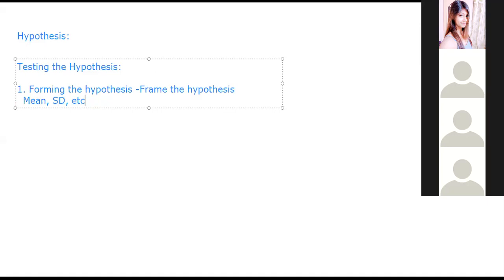So when I take a sample and say that the mean of the sample is this, I'm predicting about the population, which is what we call a hypothesis.